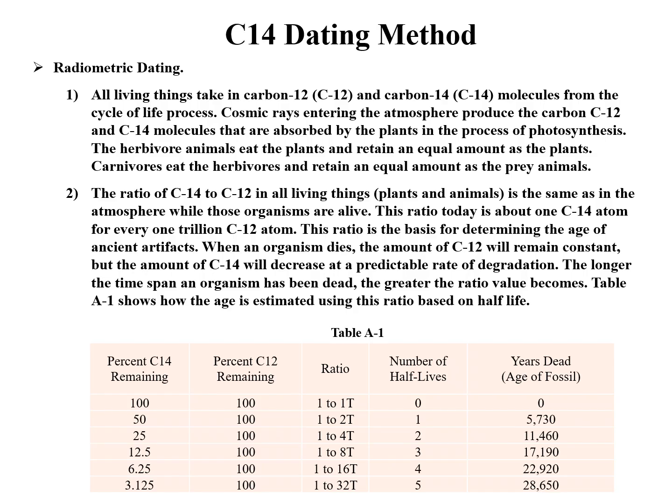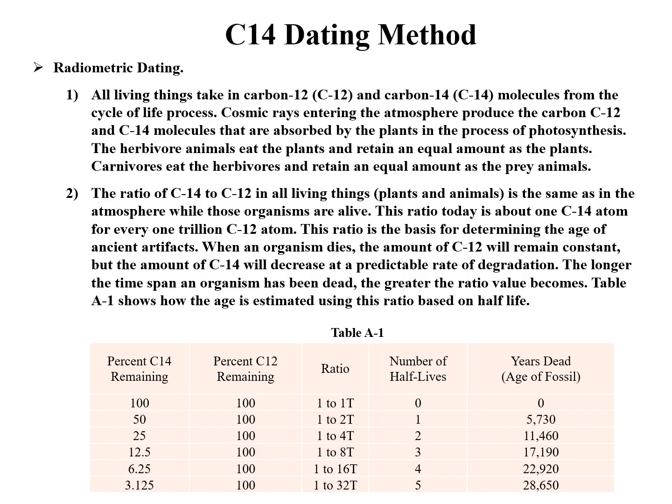All right, so it's absorbed into the plants in the process of photosynthesis. The herbivore animals eat the plants and retain an equal amount as the plants. Carnivores eat the herbivores and retain an equal amount as the prey animals. So every living thing, the plants, the animals, everything has the same amount of carbon-14 to carbon-12 in their system while they're alive.